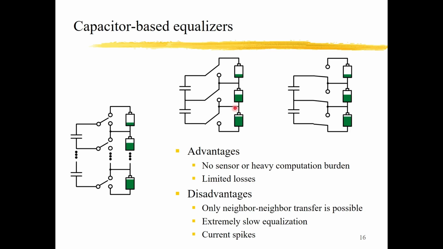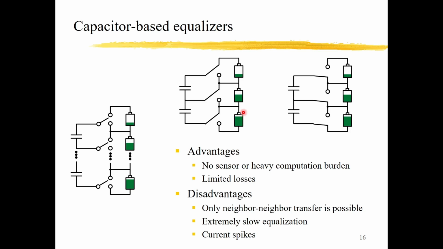What I mean is, these two cells transfer energy via this capacitor, but the amount of energy that can be transferred actually depends on the voltage difference here. If the voltage difference is higher, then every time we can transfer more energy via the capacitor.